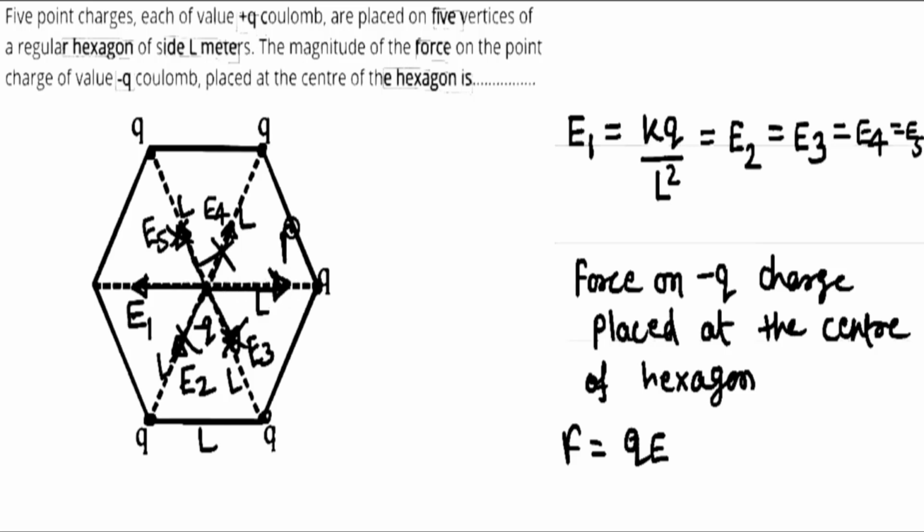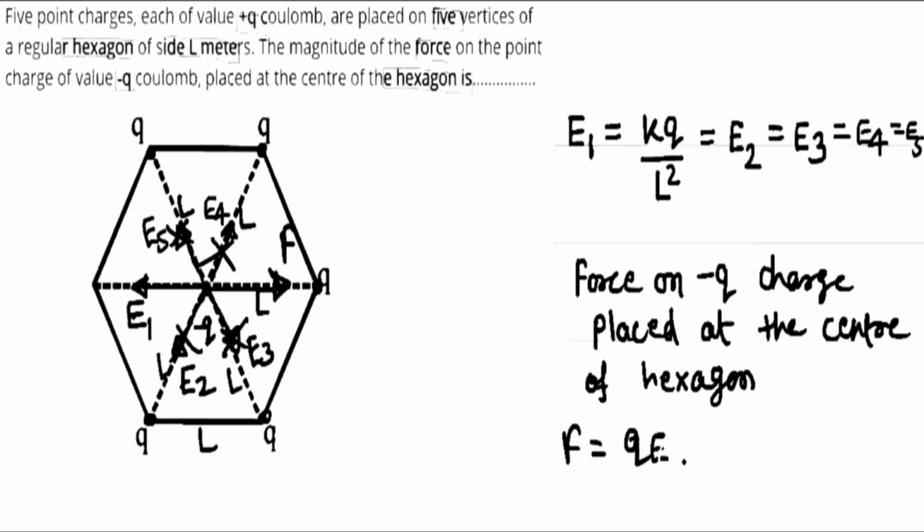So this will be the direction of force because the nature of the charge is negative, and the direction of electric field is towards left, so the direction of force acting on this charge will be towards right.